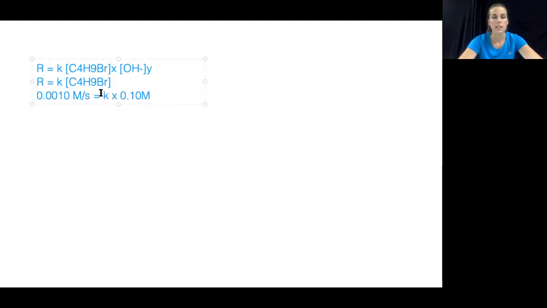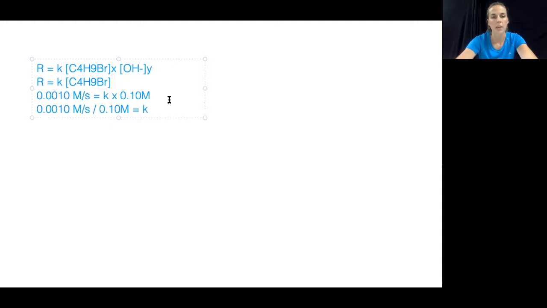Now this is pretty easy. To get K by itself, I'm going to divide by 0.10 molarity and do the same thing on this side, which leaves me with the reaction rate divided by 0.10 molarity, and that's what K equals.